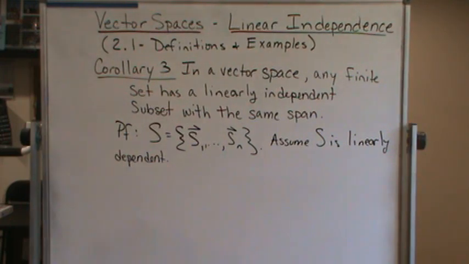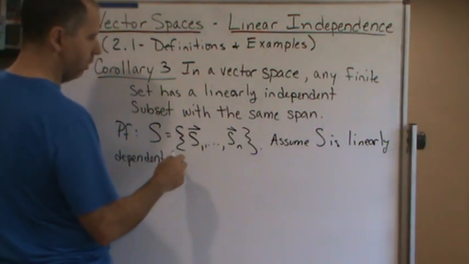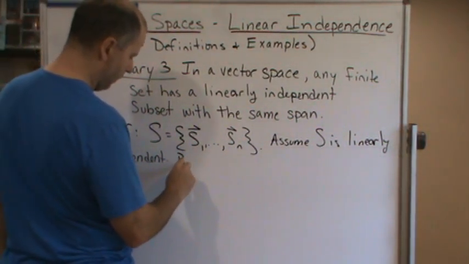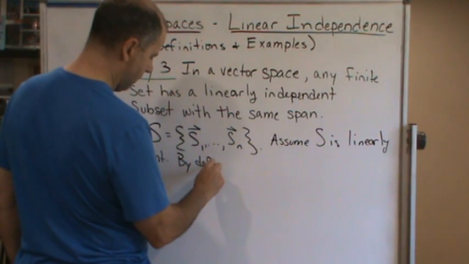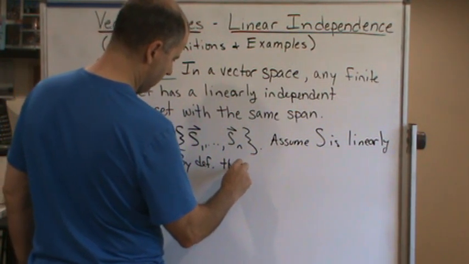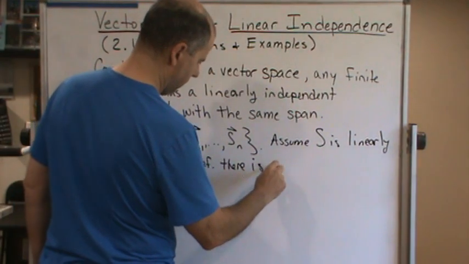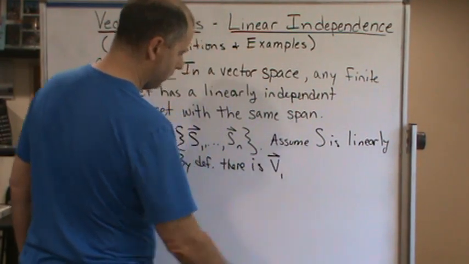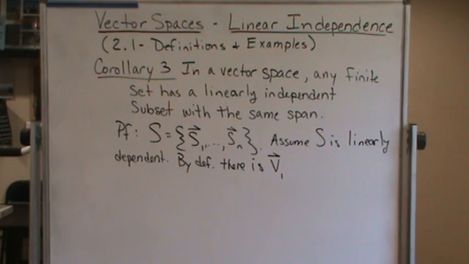Right? So by definition, there is a vector V1 that is a linear combination of the others.